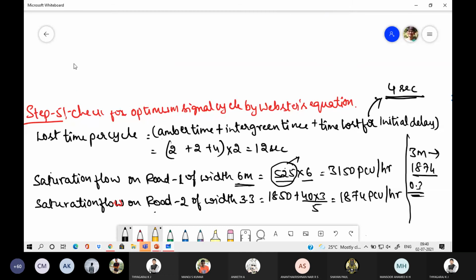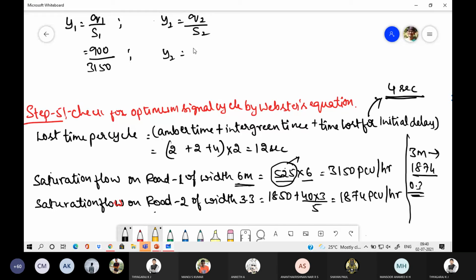Now note down. Y1 is equal to Q1 by S1. Y2 is equal to Q2 by S2. Q1 is 900, saturation flow on road 1 is 3150.